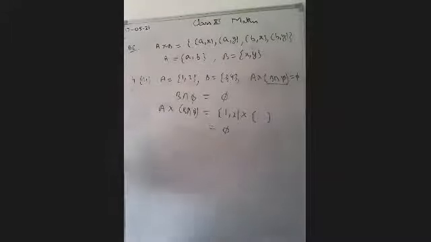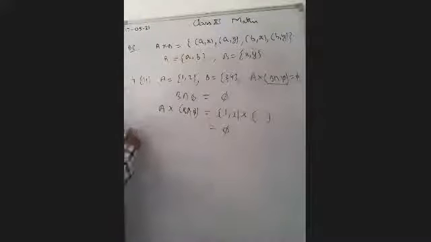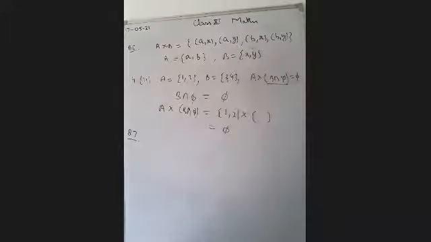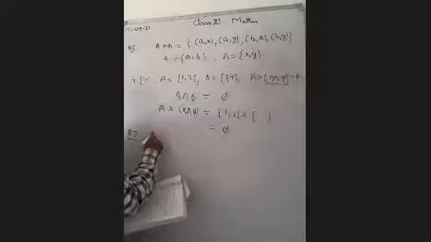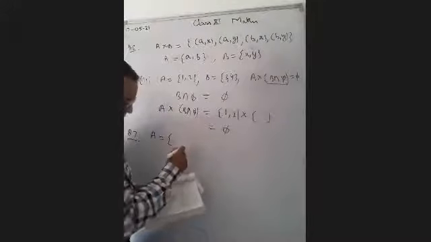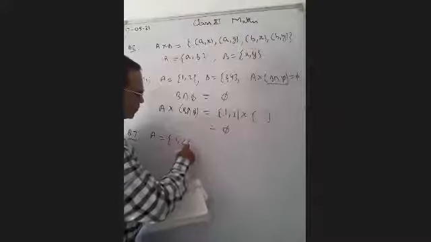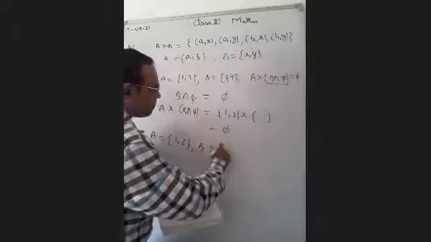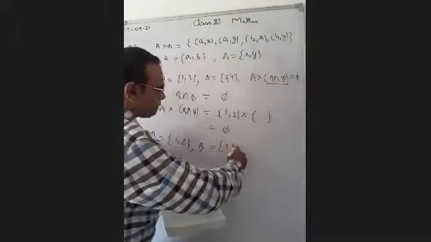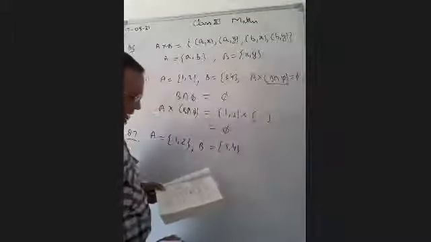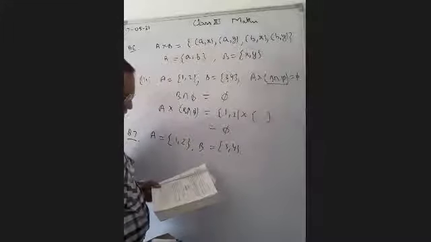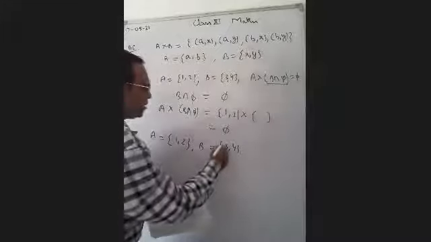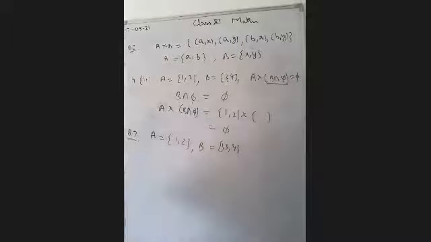Sixth, this one. Now I am taking question number 7. In question number 7, in set A the elements are 1, 2, and set B 3, 4. Write the elements 1, 2, 3, 4.